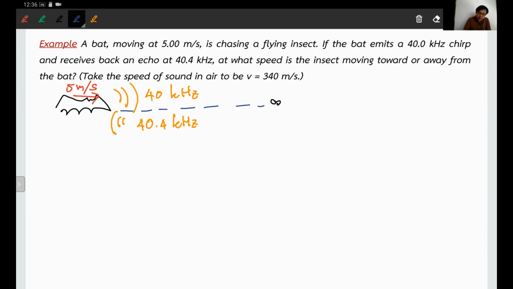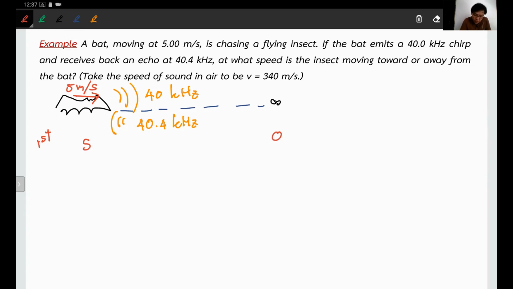Okay, so for the first half, the bat will be the source. So let me put down here, the source, that would be the first half. And the insect will be the observer. Let's do this one first.